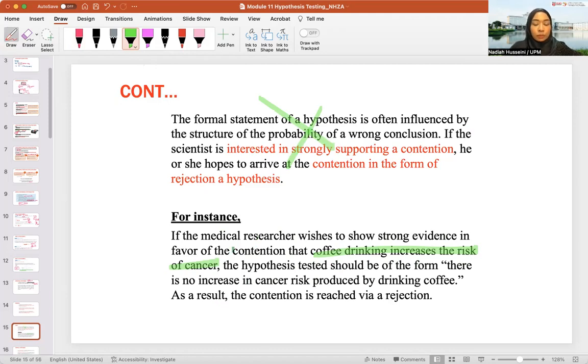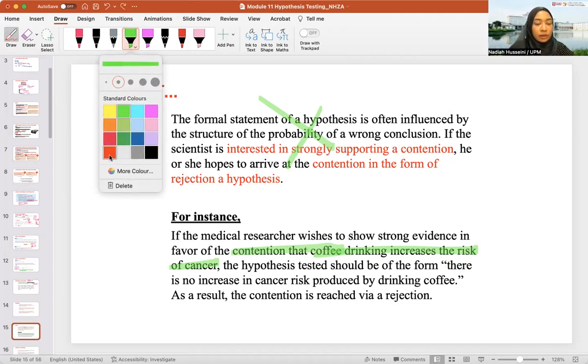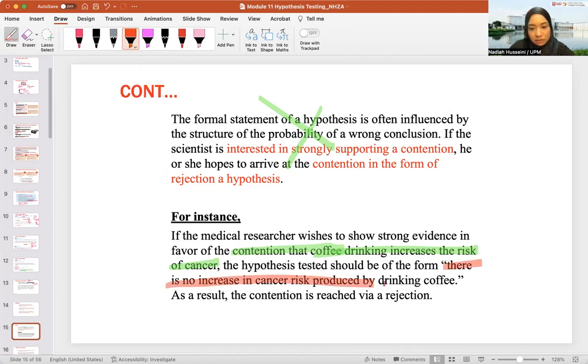The medical researcher wants to support the contention that coffee drinking increases the risk of cancer. But to form the null hypothesis, he has to form there is no increase in cancer risk. It has to go against what they want to support, if that makes sense. There is no increase in cancer risk produced by drinking coffee. So you are going to assume this is true until you can prove it otherwise. And then you can say, oh, coffee drinking increases the risk of cancer.